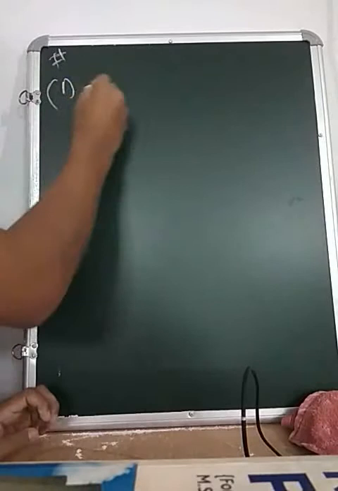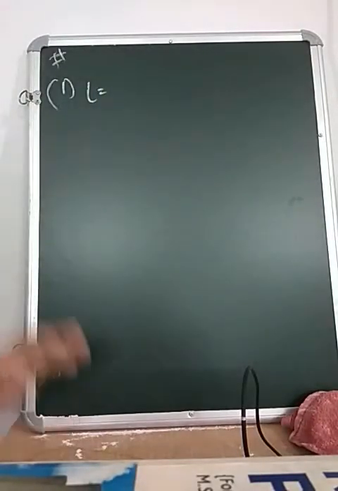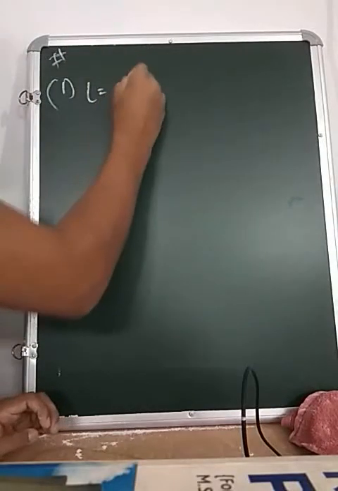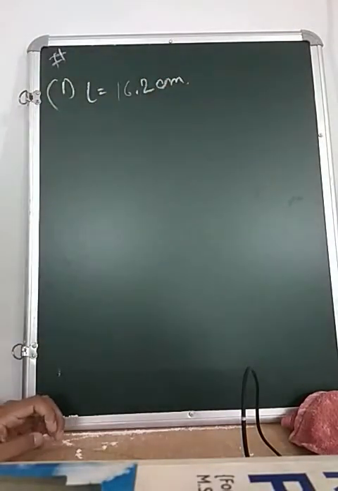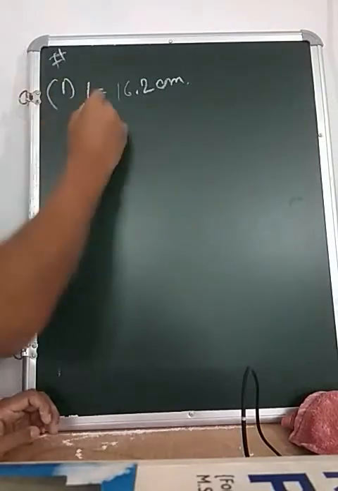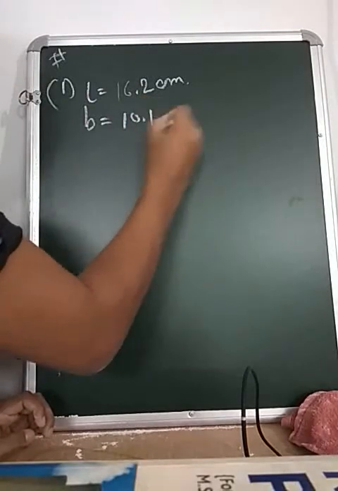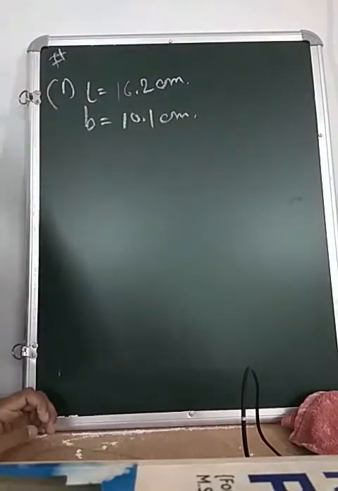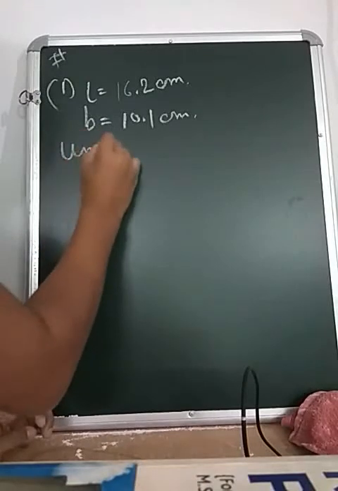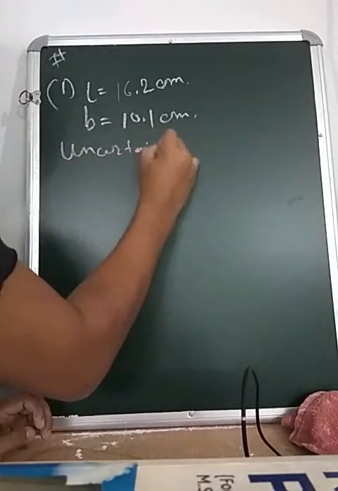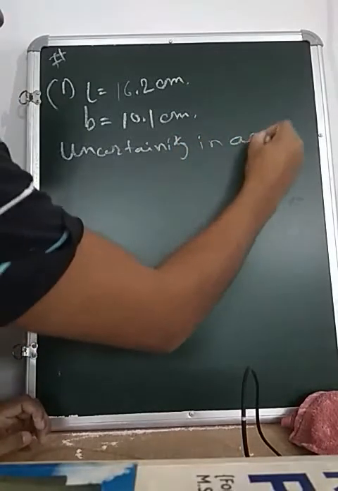Suppose the length of a sheet is given as 16.2 centimeter, and the breadth b is 10.1 centimeter. We have to calculate the uncertainty in the area.